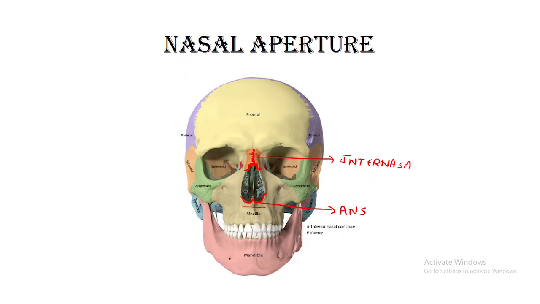Then laterally, the nasal bones join the frontal process of the maxillary bone. This is the frontal process of the maxillary bone on both sides. Superiorly, the nasal bones articulate with the frontal bone through this suture, which is called the frontonasal suture.